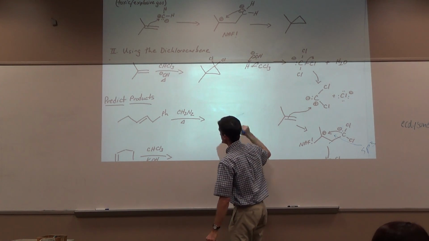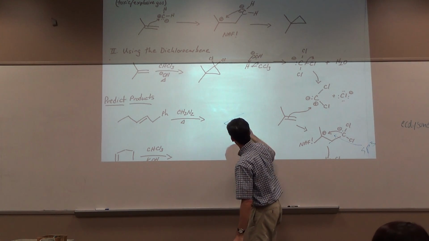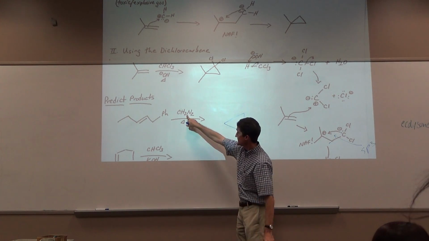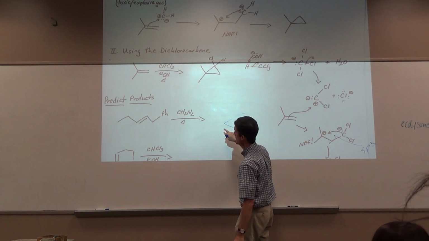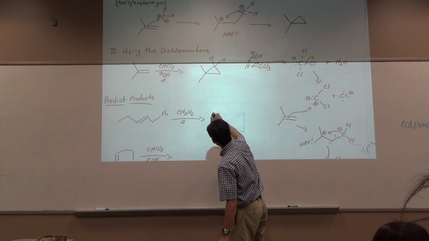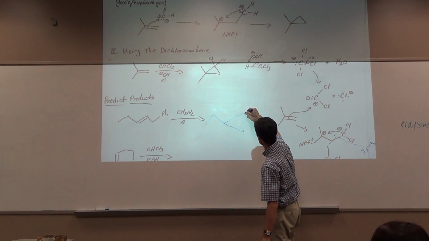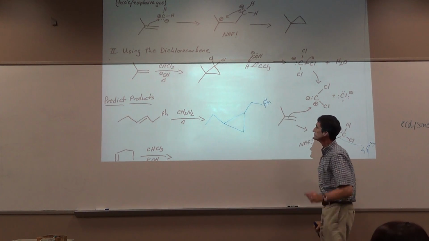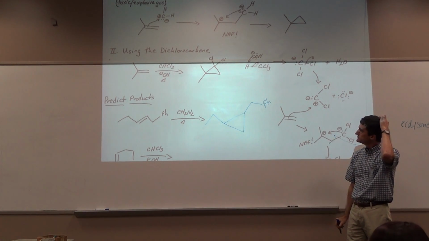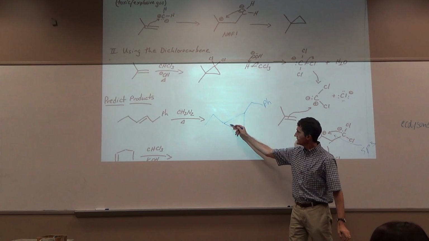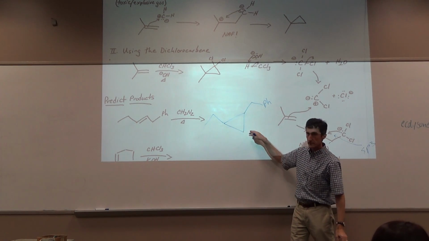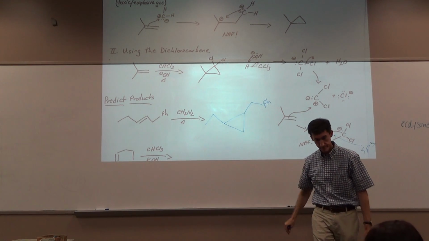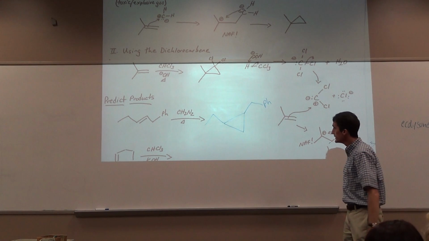Because if I just make this cyclopropane, I'll just do that. This is just CH2 cyclopropane. This carbon has ethyl, and this carbon has that. That used to be a pi bond, but now we have a cyclopropane there.